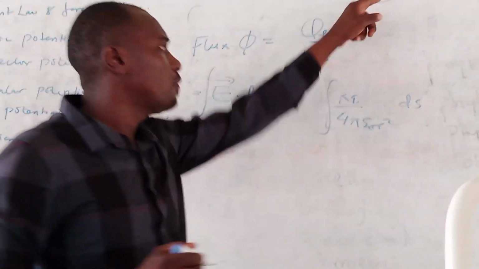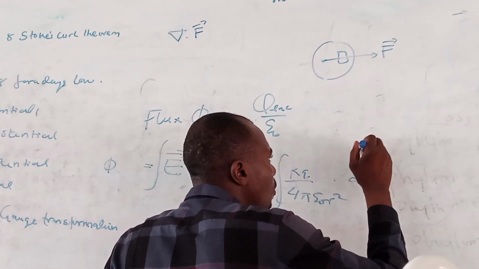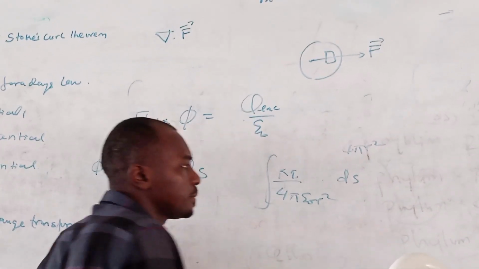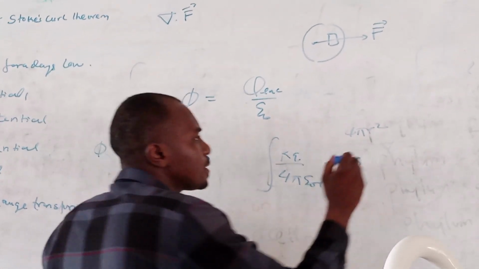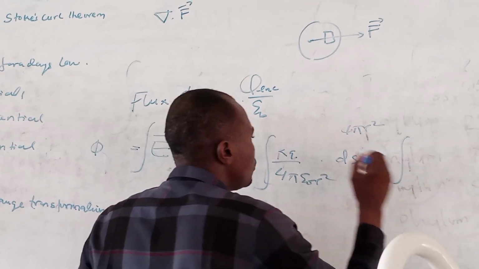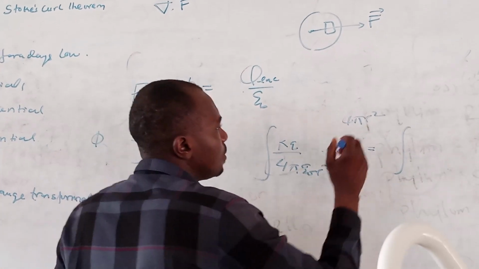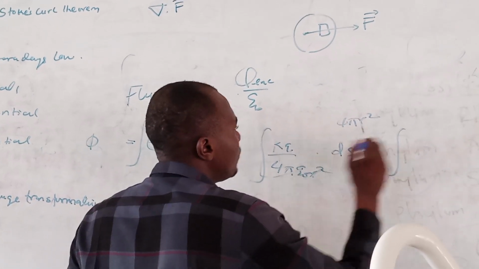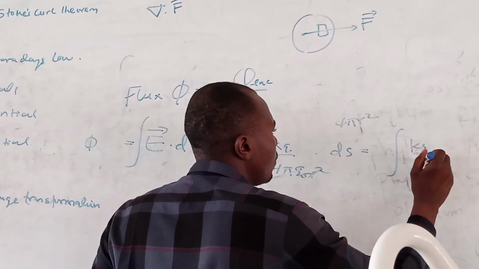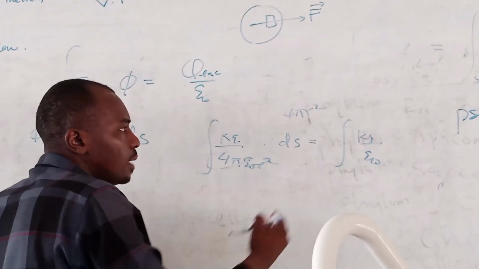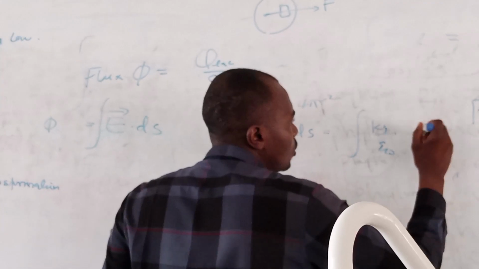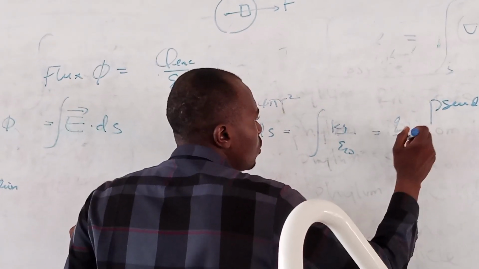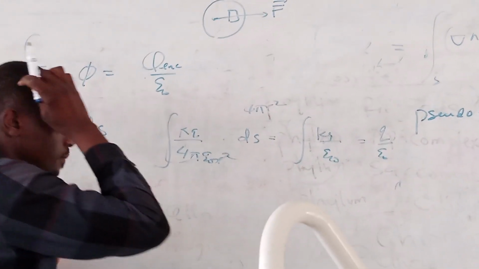The surface area of a sphere is nothing but 4 pi r squared. If it cancels out, you'll be left with kq all over epsilon naught. And if q is outside the integral, you have Q all over epsilon naught.